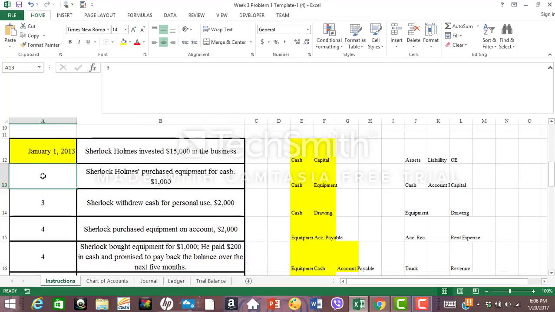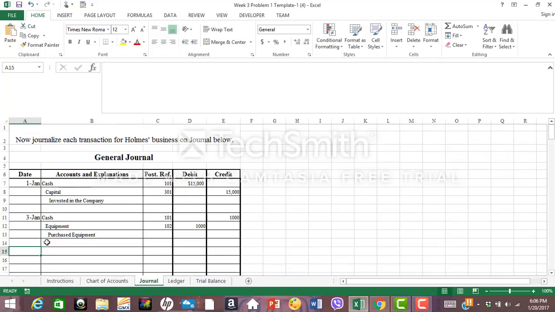Then we go on to the third transaction. I'm going to make this one yellow. January 3rd, Sherlock withdrew cash for personal use for $2,000. Same date. We know cash is getting affected and drawing is getting affected, and he withdrew money for personal use.